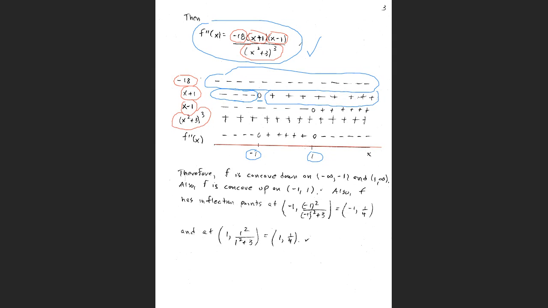X minus 1 will be negative when x is less than 1. X minus 1 will be positive when x is greater than 1. And then finally, x squared plus 3 cubed is always positive, because x squared plus 3 for all x is positive.